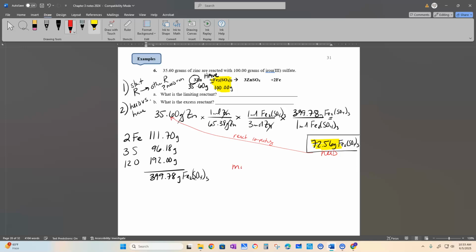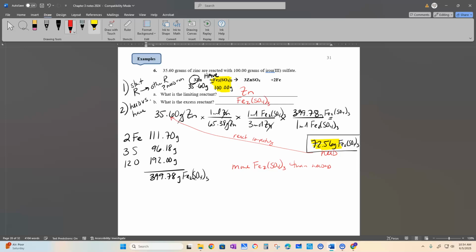I have more Fe2(SO4)3 than needed. So here's the question. Who's the limiting? Okay. You're limiting, your zinc ran out. And you don't have to show that. What you just showed in this calculation is that you have too much of this Fe2(SO4)3, so that is your excess.